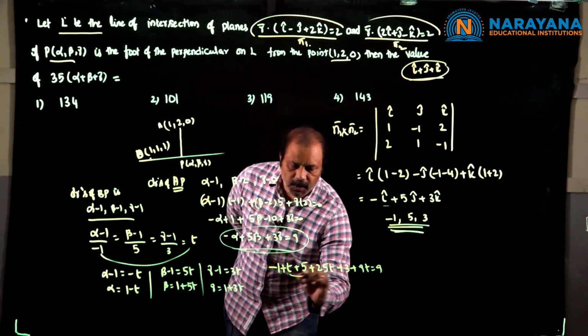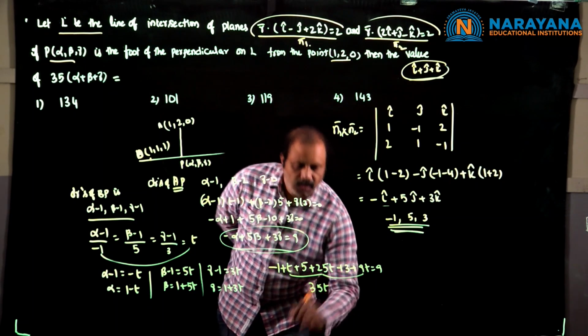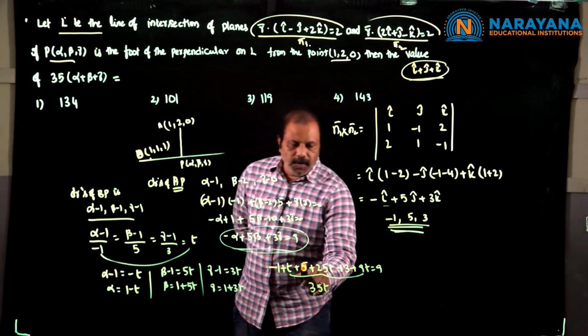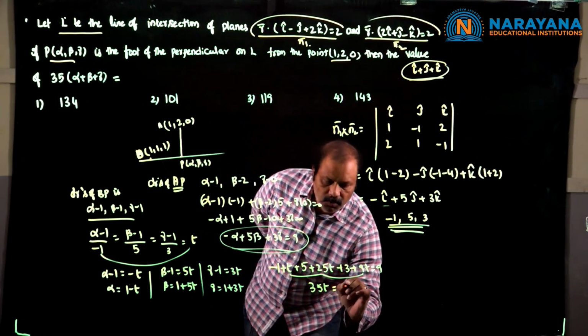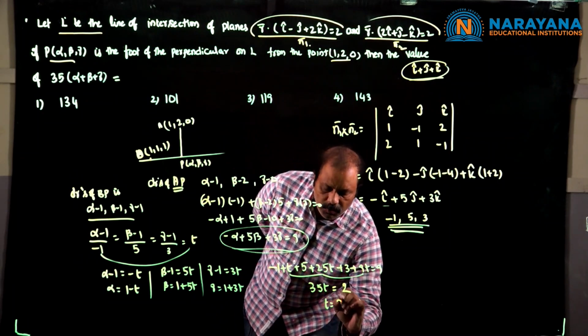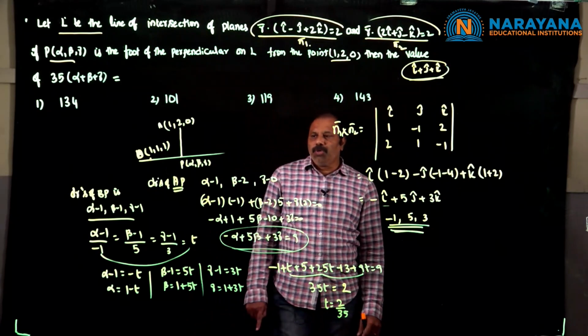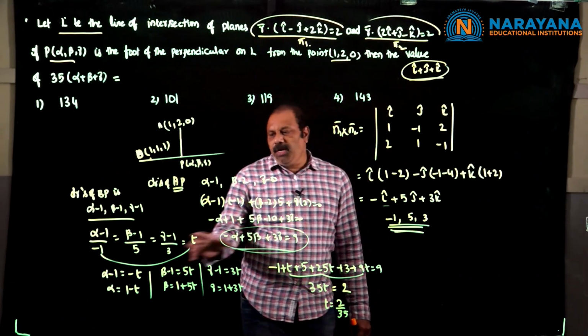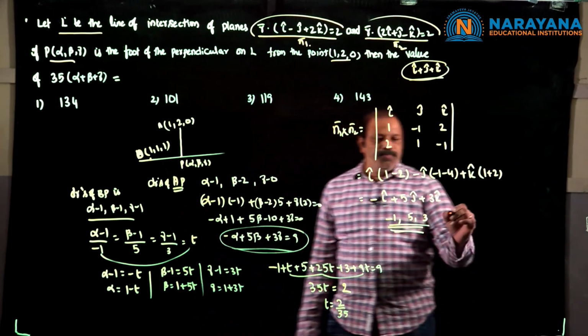So 25 plus 9 plus 1, that is 35T, and now 5 plus 3 is 8, 8 minus 1 is 7, plus 35T is equal to 9. T is equal to 2 by 35. Therefore, by substituting the T value here, you can get the alpha, beta, gamma values.